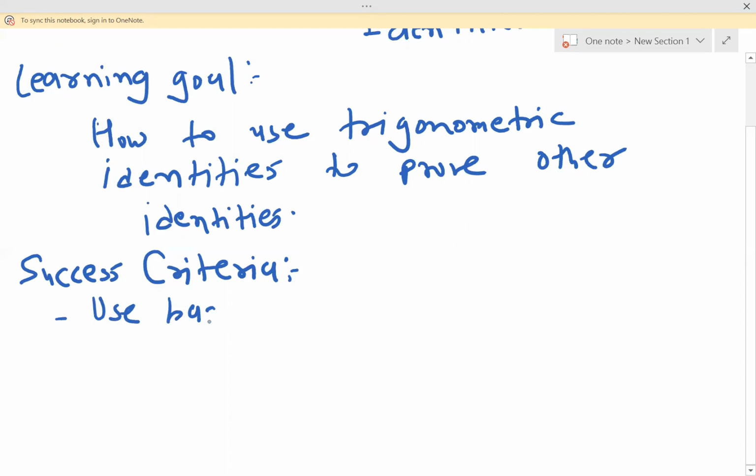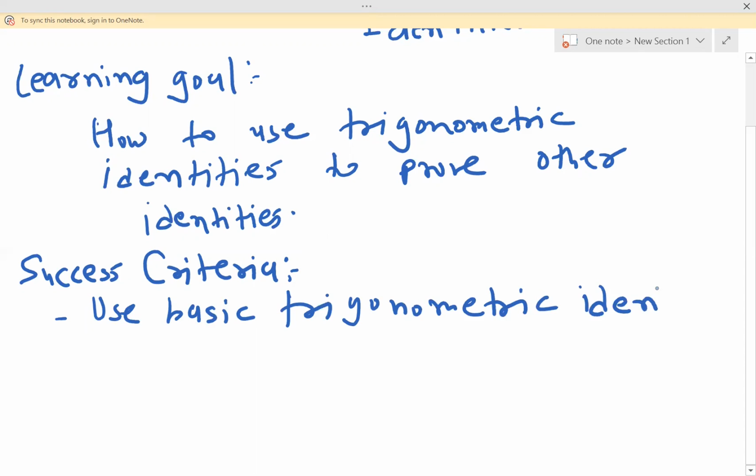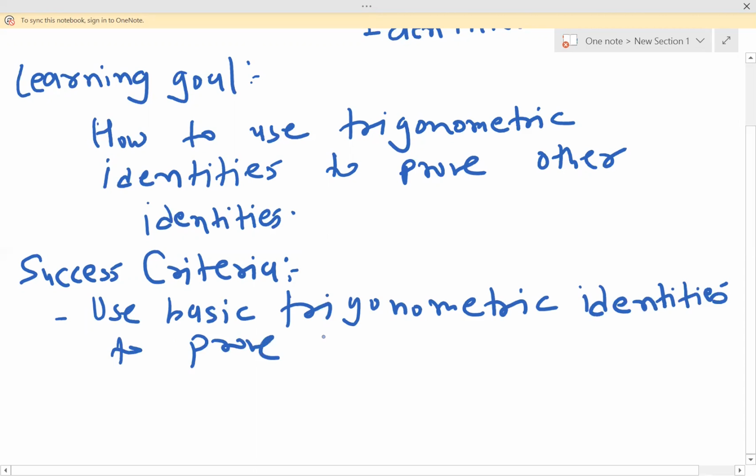Is it readable? Are you guys able to read it? Yeah. Okay. Use trigonometric identities to prove identities.